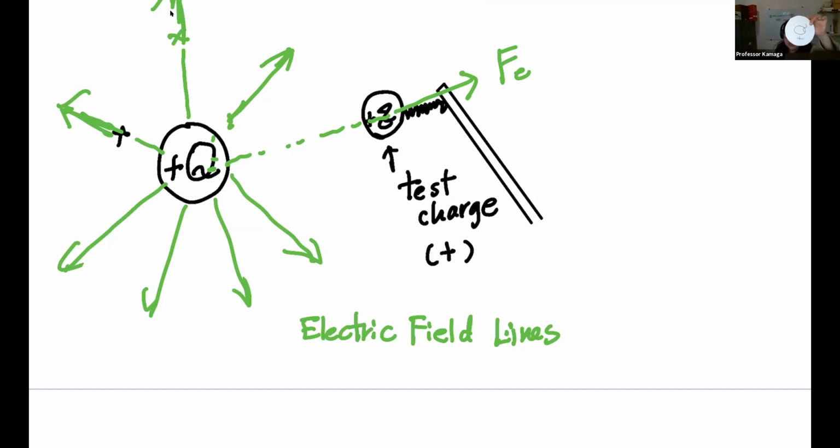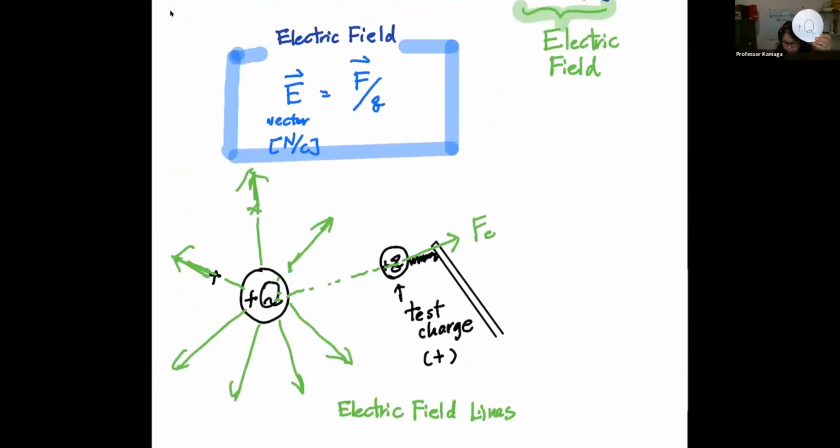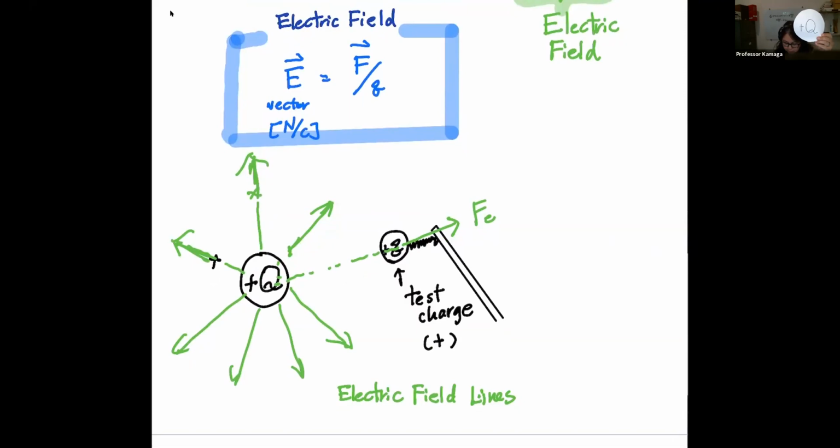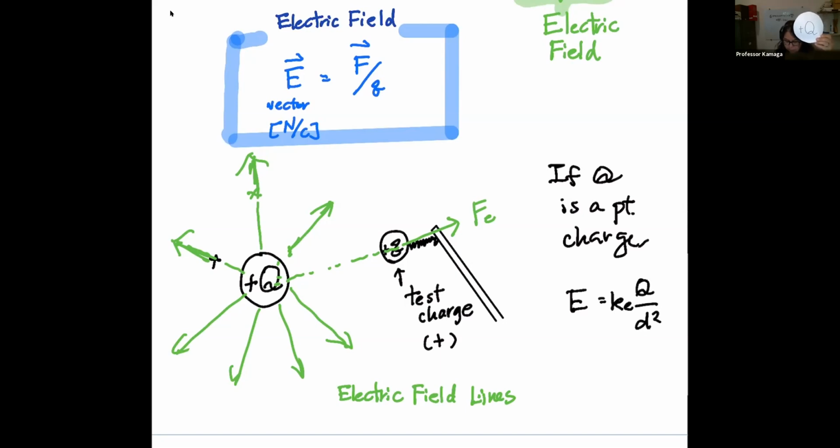This Q generates this electric field just by being there. In this case, if Q is a point charge, then the electric field is going to be k_e Q over d squared.